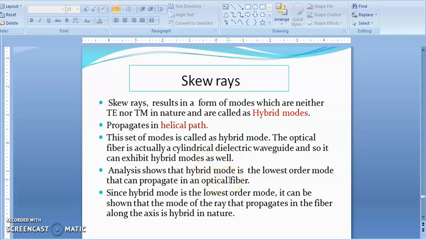Then what is the order of this mode? Actually, this is the lowest order mode that can propagate inside the fiber. So we can assume that this lowest order mode contributed from the skew rays is propagating along the axis of the fiber. We can conclude.